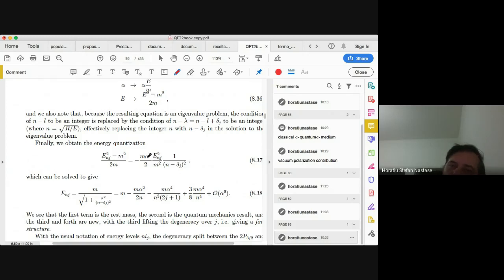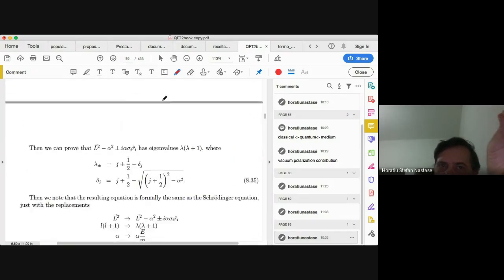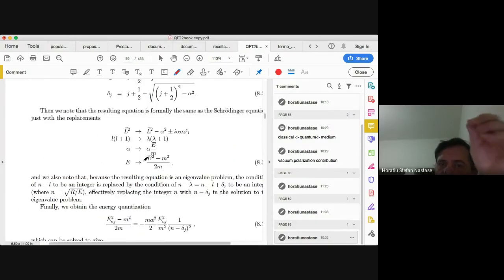So alpha squared here is replaced by alpha squared E squared over M squared. But it's not N, it's rather N minus delta J, because n total was a radial one plus L, but L is replaced by lambda, which is L minus delta J, right?